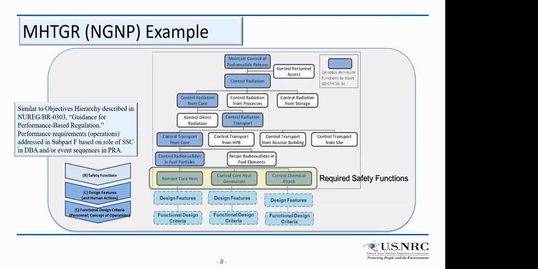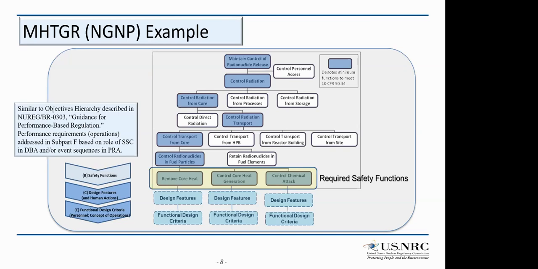This is a very old slide from the days of the modular high temperature gas cooled reactor. But you can see basically this exercise. And for me, anyway, when you look at this figure, I think the similarity to the objectives hierarchy that Prasad has mentioned is immediately evident.